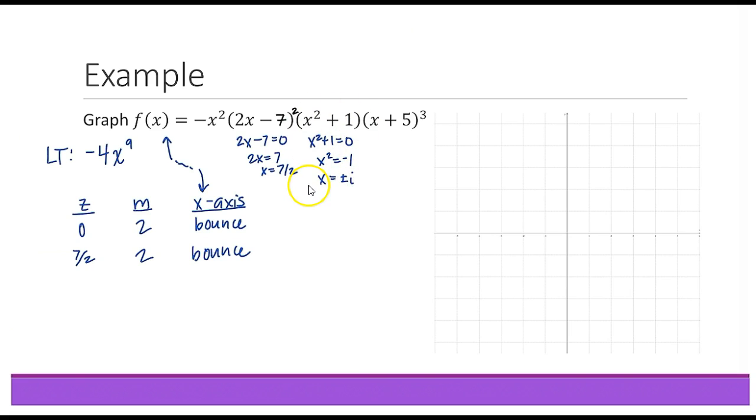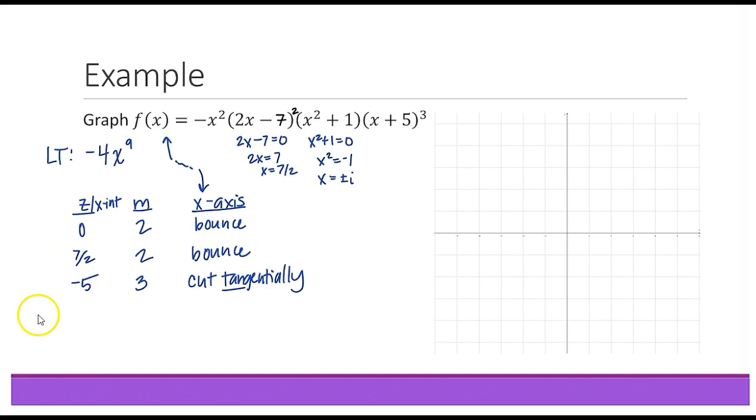So this isn't going to give me any real zeros, because I'm interested in zeros that are x-intercepts. But the last factor, x plus 5, will give me a zero, or an x-intercept, of -5 with a multiplicity of 3. And because the multiplicity is 3, we have to say it cuts tangentially. So we cannot just put cuts. At the very least, we have to put cuts tan, because it's going to flatten out.